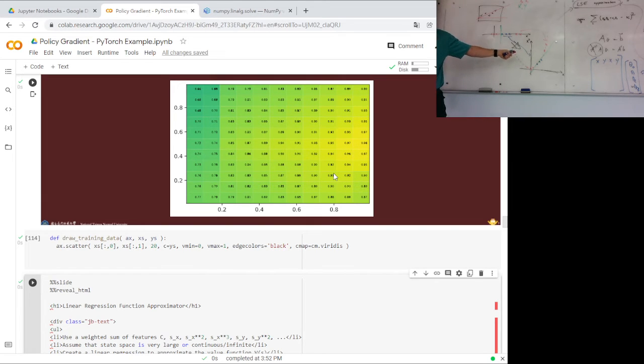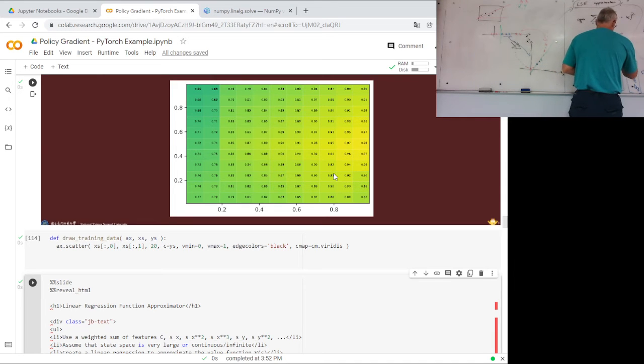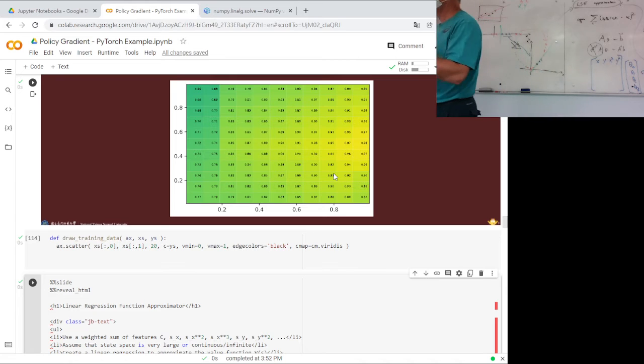So I can use the same algorithm, but instead of just having x and y here, I also add x squared and y squared, which is just the numbers that I have, just square them. But by adding that, I now give more freedom to the model. It's the same thing as adding more nodes into your neural network.